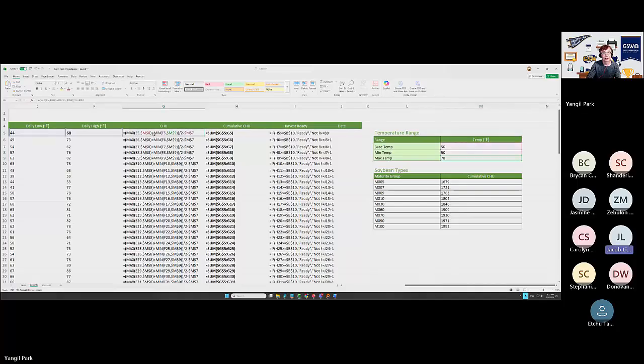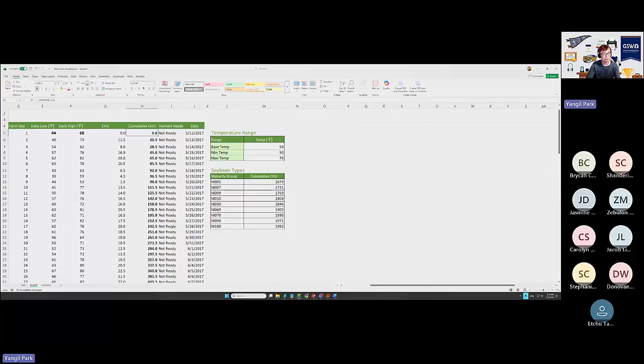With this CHU number, they're going to estimate the best time to harvest. That's what column G will do. And for cumulative CHU, they add all these CHU values coming out of the different temperatures, so that they know when it's very close to the optimal level of CHU.